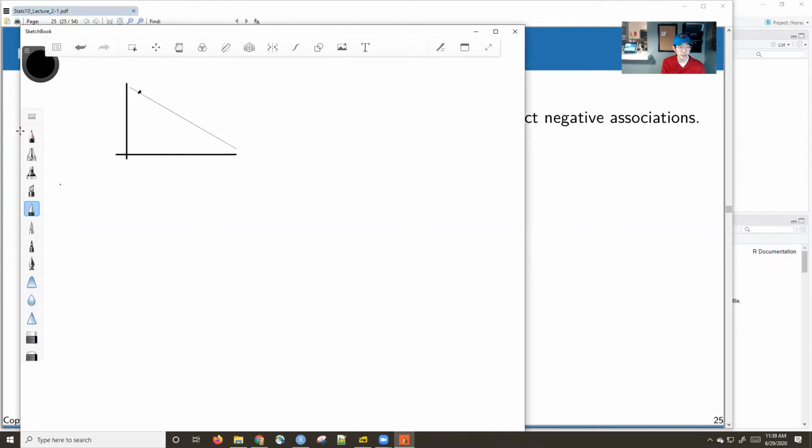So if you had data that go in a perfect straight line like this, R here is equal to -1, right? So you have a perfect linear relationship, in the negative direction.